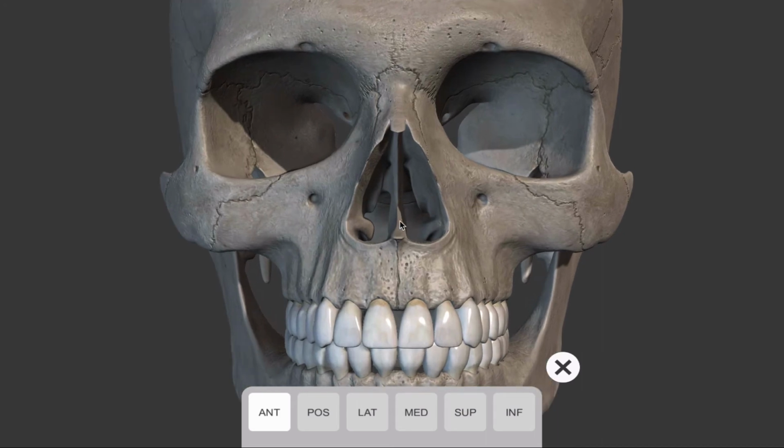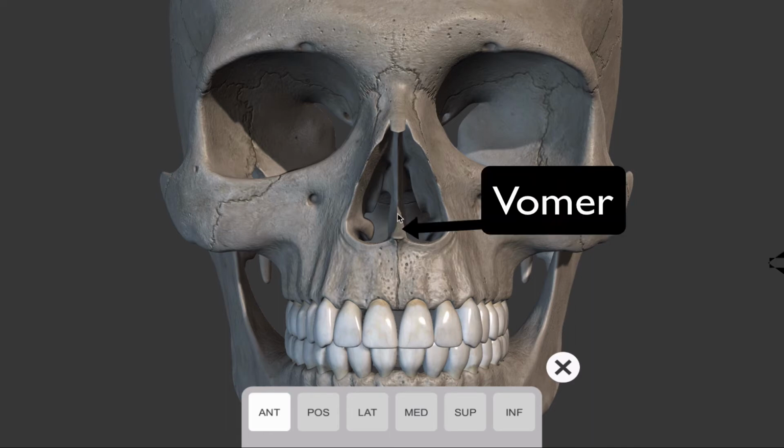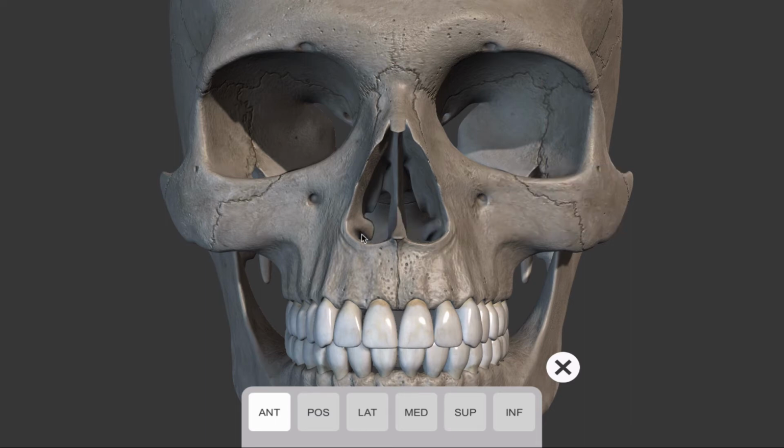This ridge of bone right here that makes up the lower portion of the nasal opening, sort of a divider between the two nasal cavities. This bone is called the vomer. The vomer. Also, there are shelf-like projections on each side of the nasal cavities, and there are actually 3 shelf-like projections on each one.